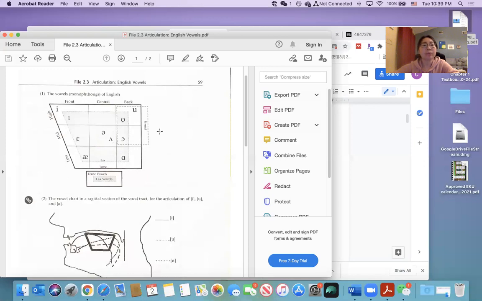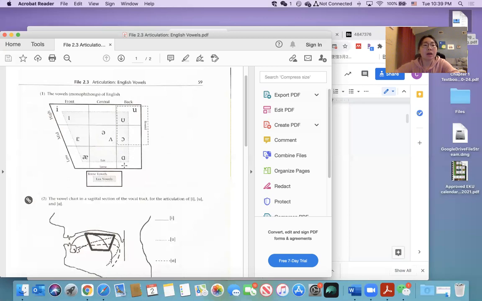For example, the lowercase u is called a high in terms of tongue height, back in terms of tongue advancement, tense in terms of tenseness, and rounded vowel in terms of lip rounding.